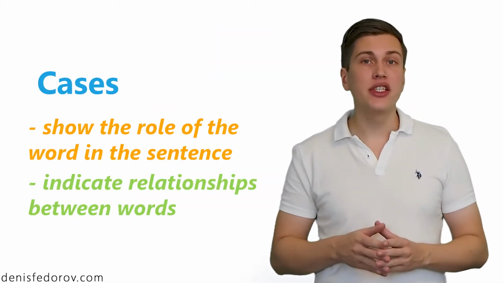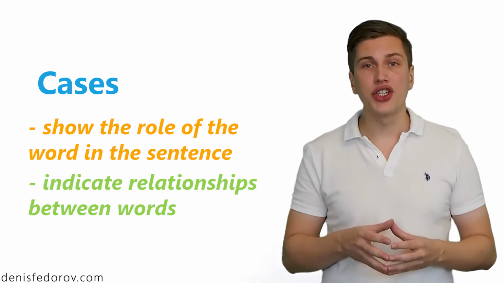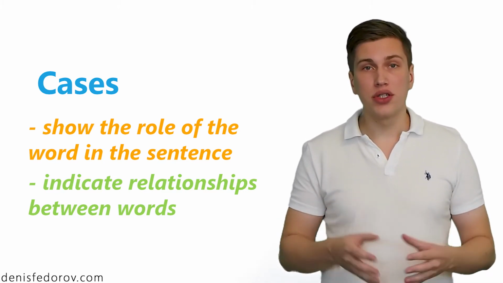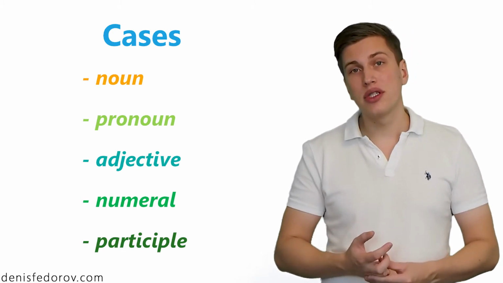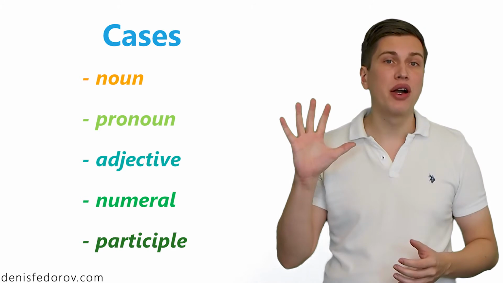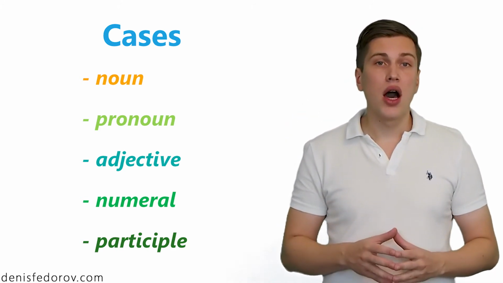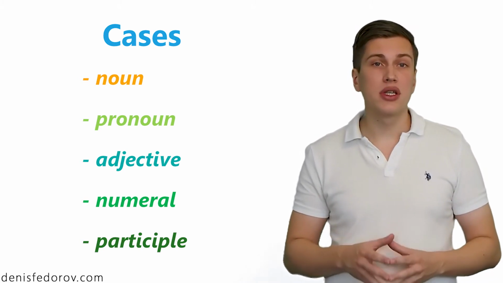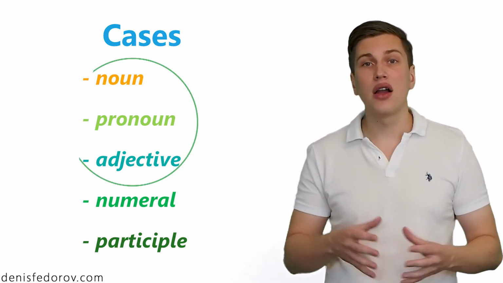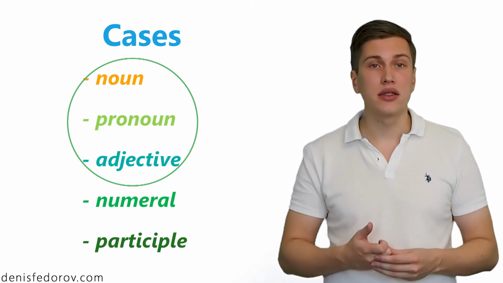Okay, generally cases show the role a word plays in a sentence. They show the relationship between words. By words, I mean nouns, pronouns, adjectives, numerals, and participles. These five parts of speech have such a characteristic as case. However, usually in textbooks, you'll often find that only nouns, pronouns, and adjectives have cases.